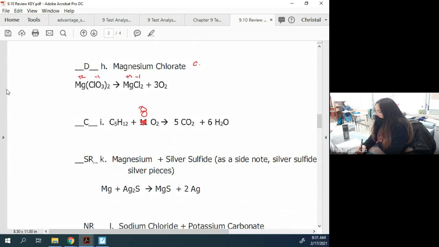I need 2 of them. So I'm going to put it in parentheses and put the 2 out here. Here I have a +2 and a -1. So I need 2 chlorines to get that to balance out. And then I'm going to go and balance my equation using coefficients.